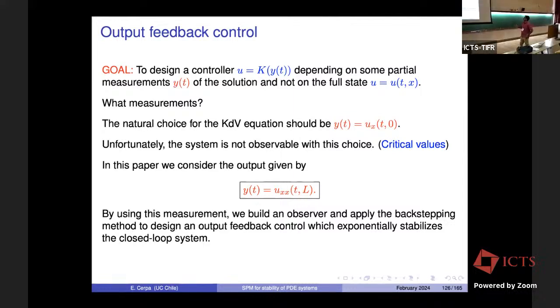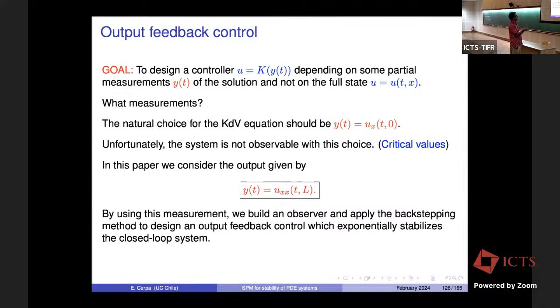For the KdV equation, a natural choice should be to consider these measurements, y, as one of the boundary data that you get in the computation.